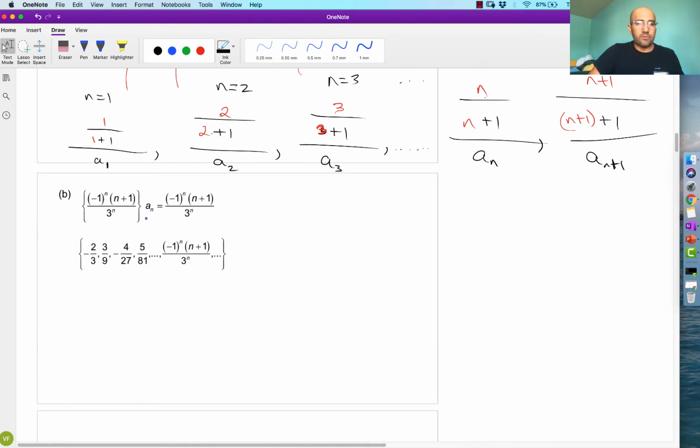Here's another way to express it. Again, we could do it in terms of function notation as well, where f of n equals -1 to the nth power times n plus 1 divided by 3 to the n.